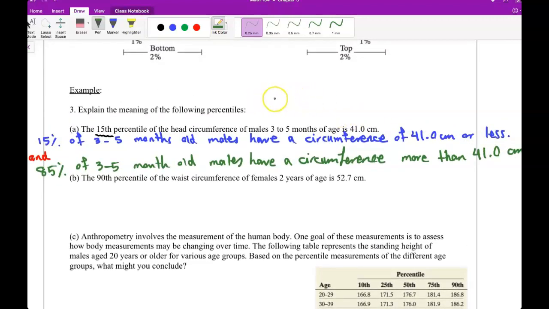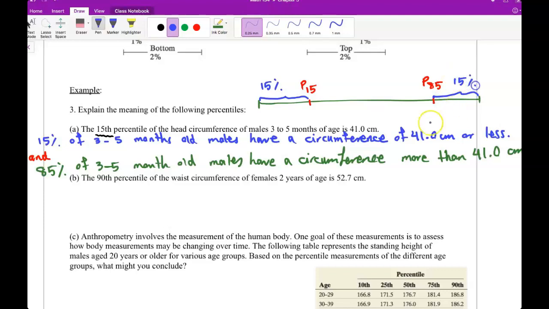I want to draw it. Let's make it more clear what that is. So let's say this one is P15, and here is P85. For both of these, we have 15% here, and this one is 15%.